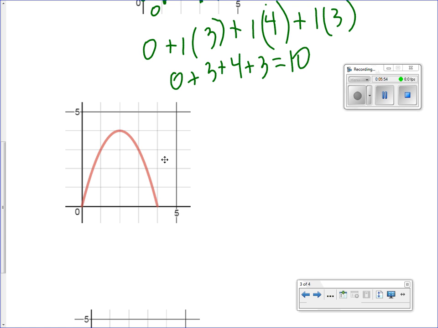So this one we're going to do RRAM, a right rectangle. So we're going to come from the right side to draw our rectangles. So those are the 4 rectangles where the top right corner touches the curve.